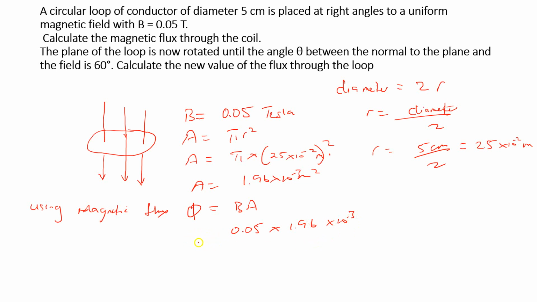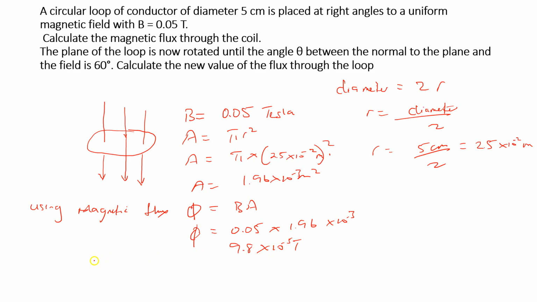Then from here, we can find the overall magnetic flux. When we work that out, we're getting that the magnetic flux is 9.8 times 10 to the minus 5 Tesla, right?